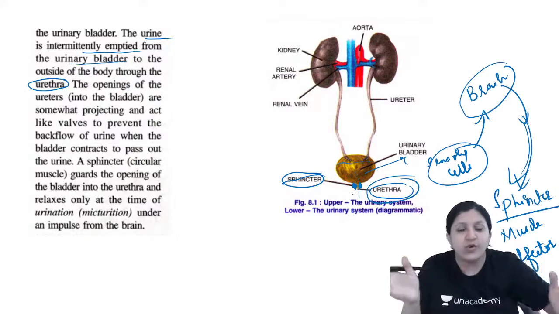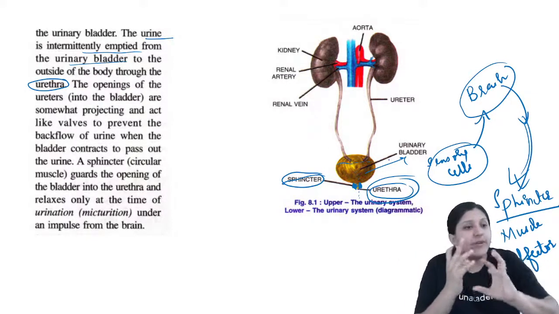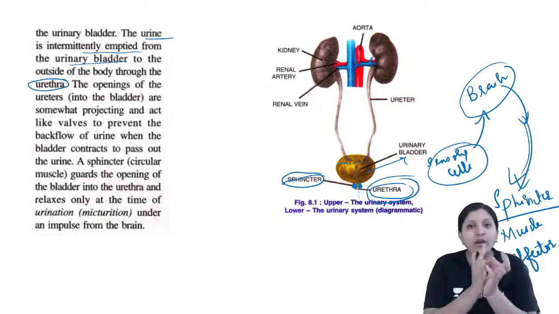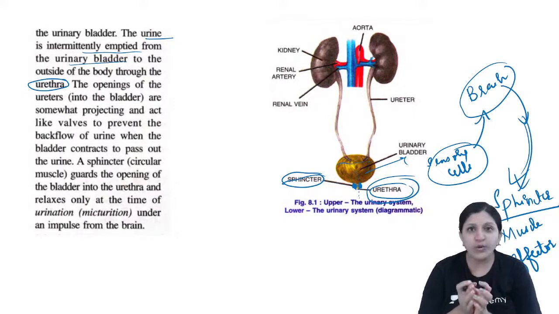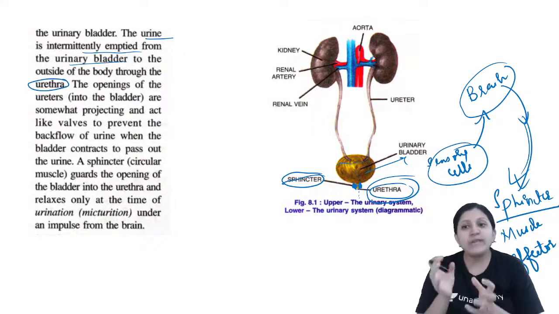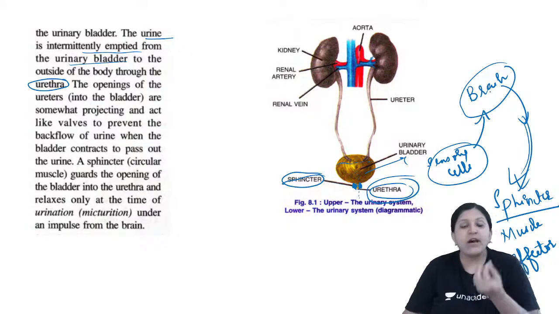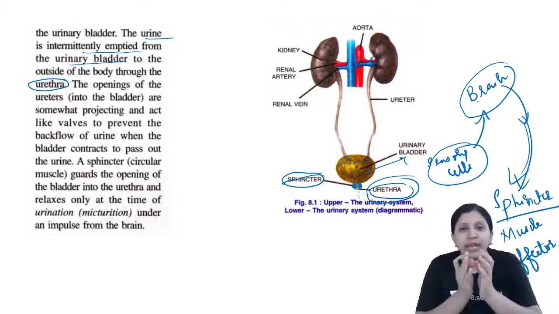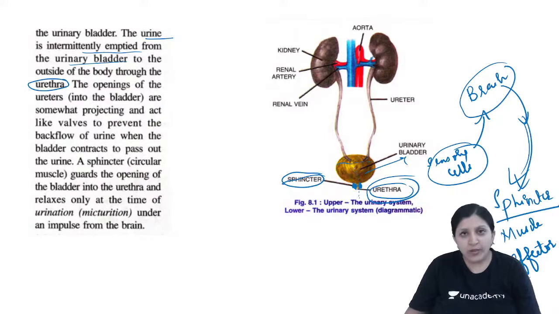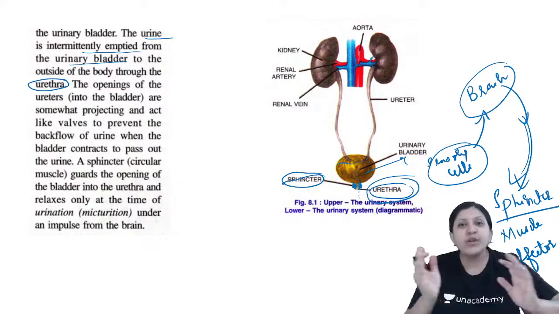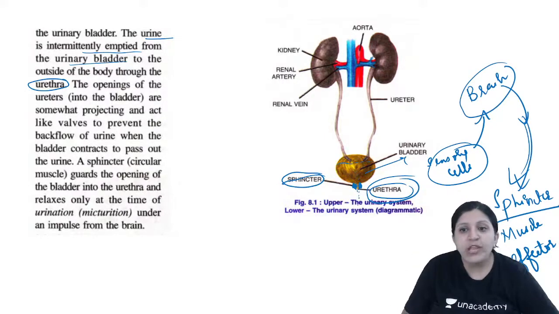The sphincter muscles guard the opening and closing of the urethra. Now the sphincter muscles have got the impulse from the brain to open up. So when the urine is full, the urethra is going to open up and urination will occur.